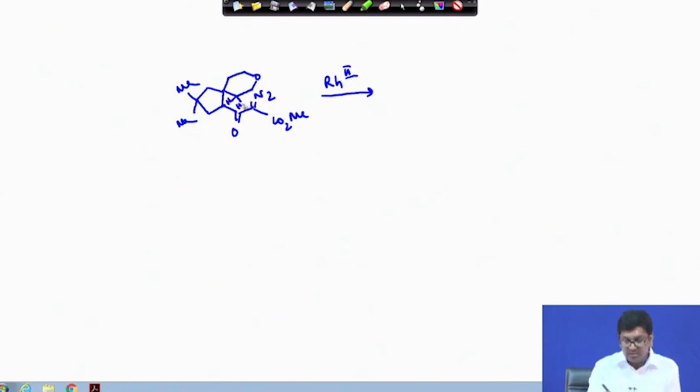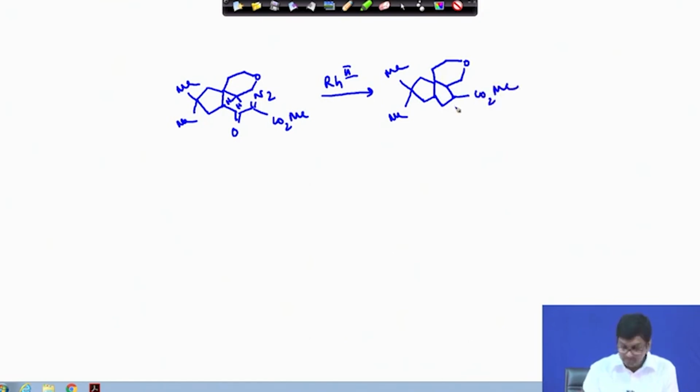There are 2 hydrogens, and if you count 1, 2, 3, 4, 5, a 5 member ring can form, and overall the product will be the corresponding 5 member fused product.